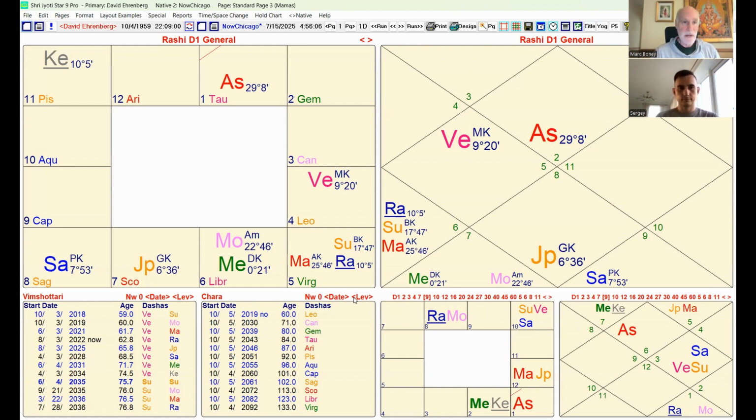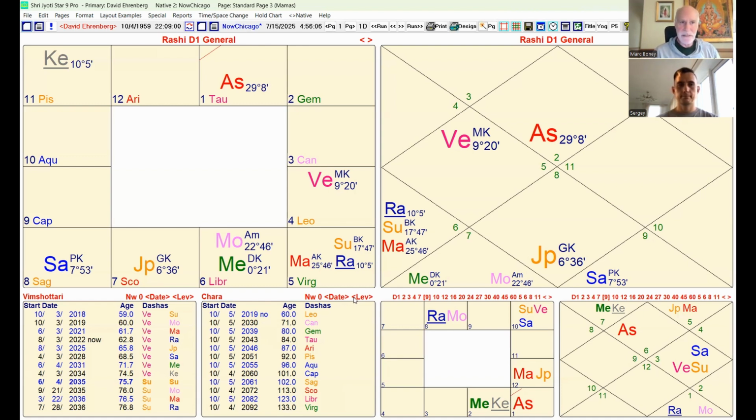So it was a rather easy prediction for me to predict that he would acquire, and I said it would be a luxury property. Why? Leo relates to things like luxury, and Venus is also having to do with something that's beautiful or expensive or luxurious. And so the man in this period has ended up purchasing a home worth 3.5 million. Obviously, it's a luxury property. Now, I'm not showing sub-period.